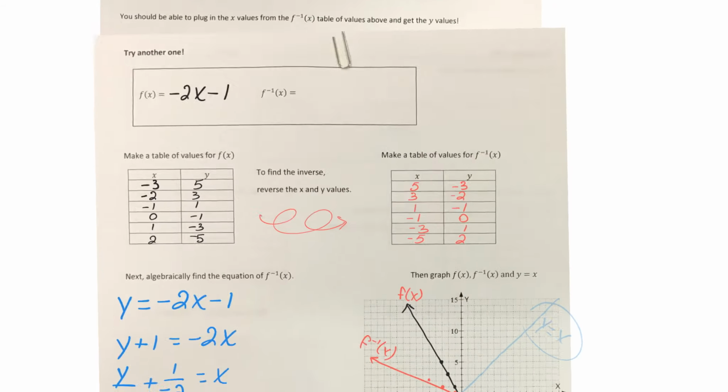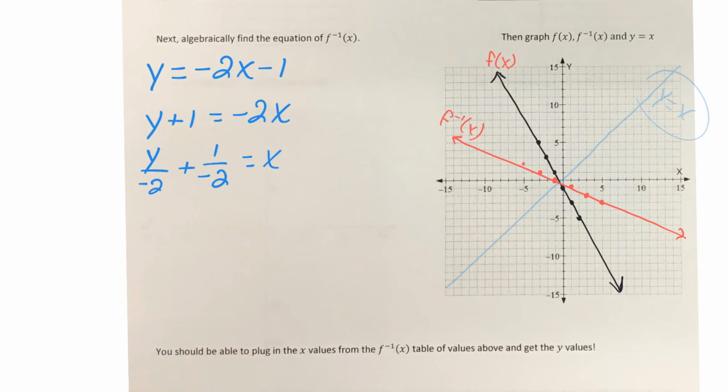Now we're going to switch our y and our x. Well, first of all, I'm going to turn this around. I'm going to have x equals -1/2 y minus 1/2. And now I'm going to switch my x and my y. My final step. y equals -1/2 x minus 1/2.